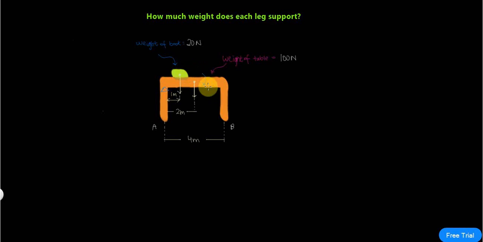The only way that this net anti-clockwise rotation is prevented is by the force being supplied by leg B. Right? It has to counteract that with a clockwise rotation.